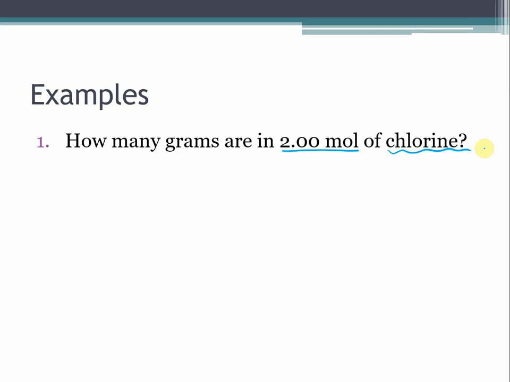When you see chlorine, it should set off some warning bells in your head because chlorine is one of your diatomic elements. If we're talking about chlorine, it is Cl2, 2 atoms of chlorine. So we're going to work this just like any other dimensional analysis problem. We'll start with what we know, 2.00 moles of Cl2 times a fraction.